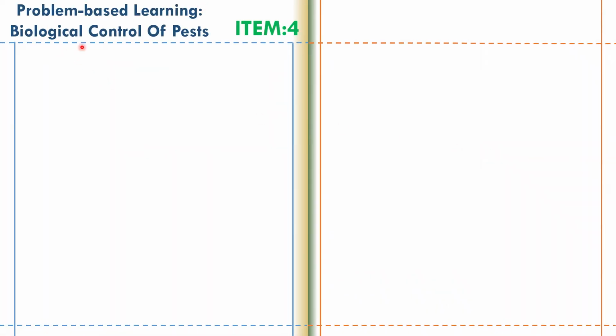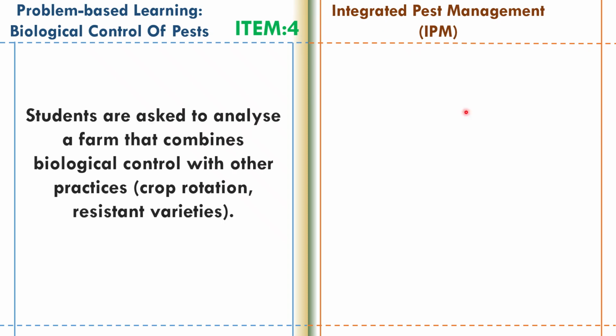Problem-based learning, biological control of pests, item 4. We are looking at integrated pest management, IPM. Students are asked to analyze a farm that combines biological control with other practices like crop rotation and resistant varieties.